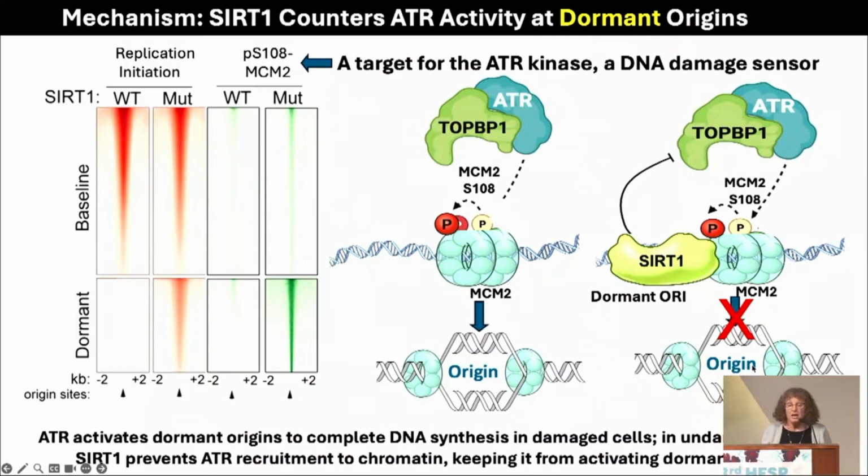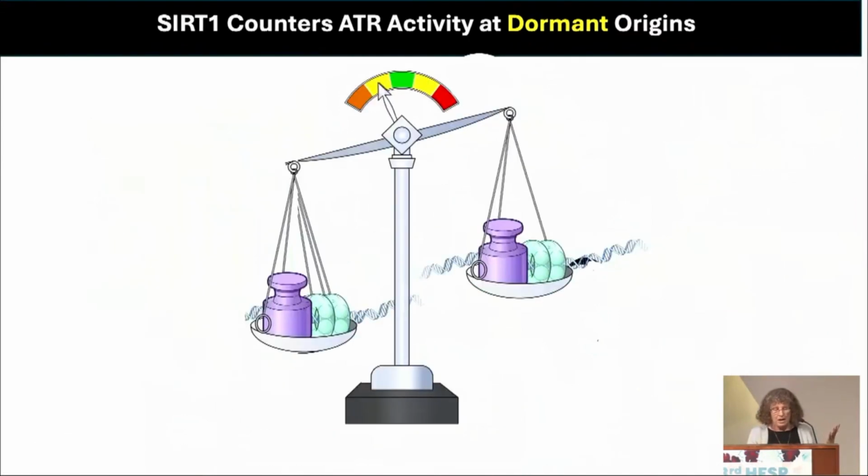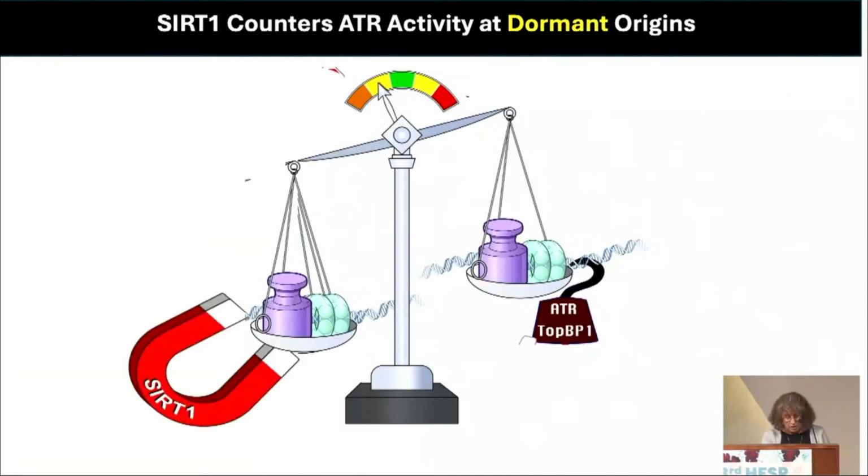So basically, we see that we have a balance between ATR activity and SIRT1 activity. ATR is responding to DNA damage, or to signals that resemble DNA damage, by trying to phosphorylate serine 108 on MCM2 and activate dormant origins.